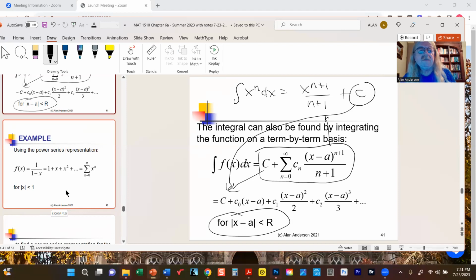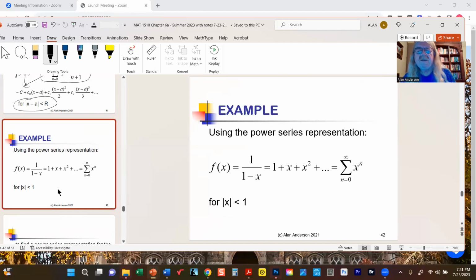All right, now let's look at some specific cases. So the power series representation of 1 over 1 minus x, assuming that the absolute value of x is strictly less than 1, is 1 plus x plus x squared plus et cetera, all the way up to infinity.